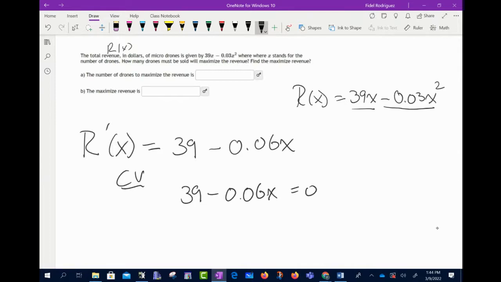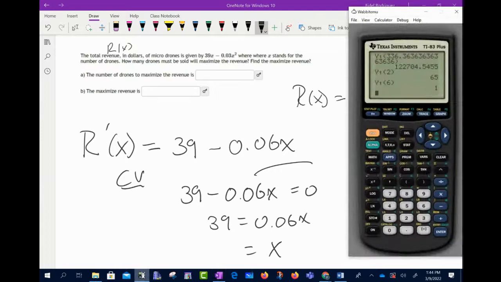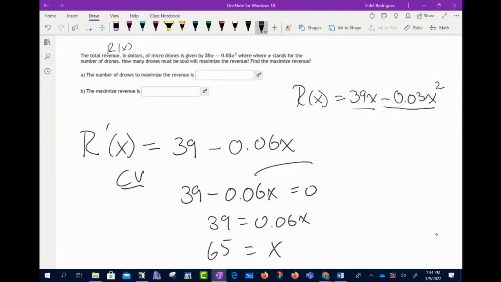Okay. So I'll actually move that the other way. And so now we're going to divide 39 by 0.06. And I'm coming up with 650. Okay, so we came up with our value of x. We came up with x equals 650.